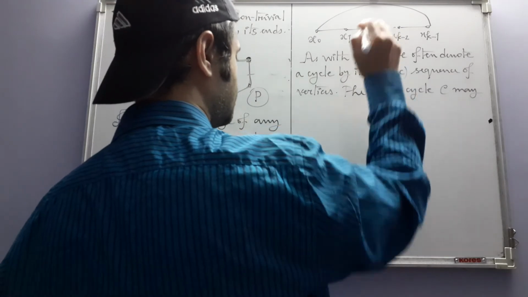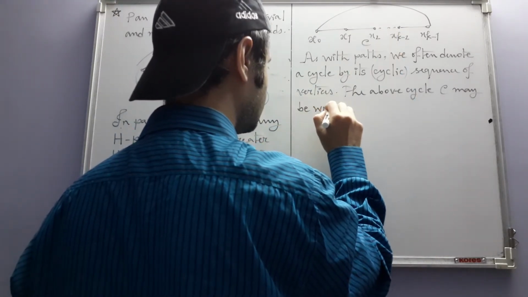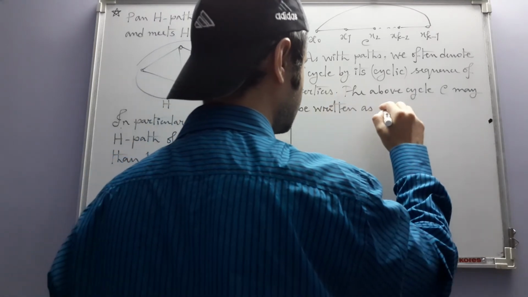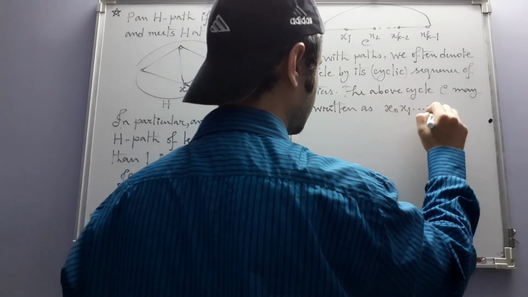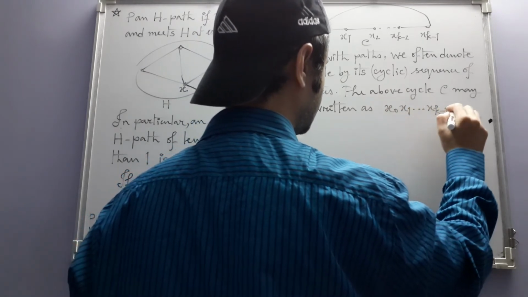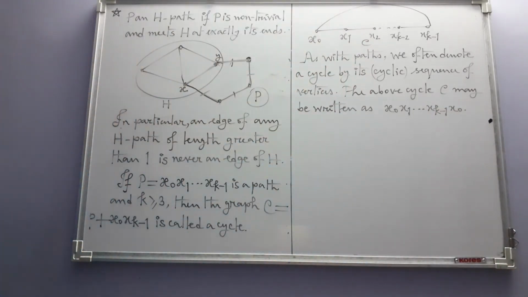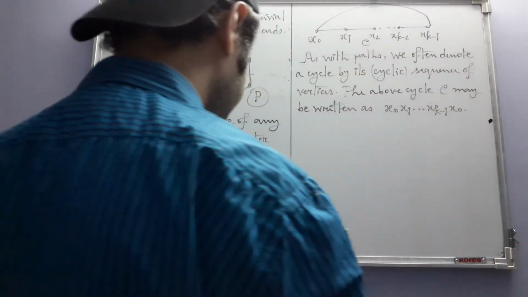The above cycle C may be written as x0 x1 up to xk minus 1, and then again x0, because that is also an edge now, joining xk minus 1 and x0.